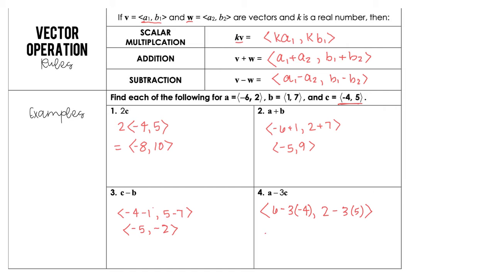And so, let's see, negative 6. Uh-oh, I left off my negative. Let's see, that's going to be 6, comma, negative 13. There we go.